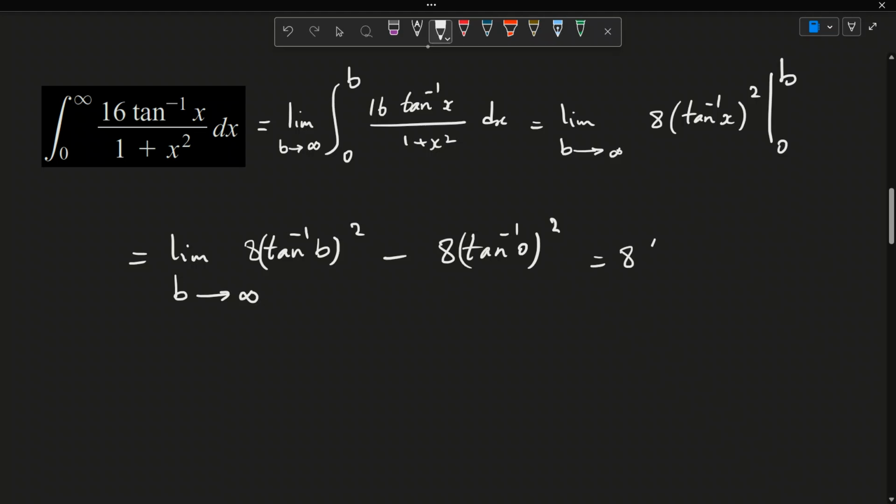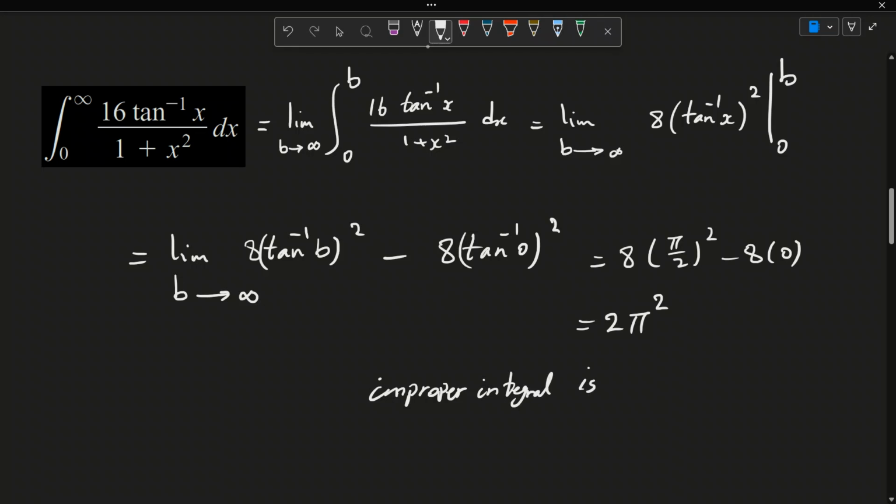So we have 8 times pi over 2 squared minus 8 times 0. So it is 8 times pi squared over 4, or 2 pi squared. Since the limit is finite, then the improper integral is convergent, or we say it converges to 2 pi squared.